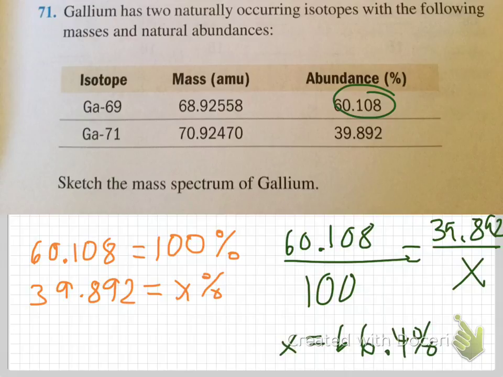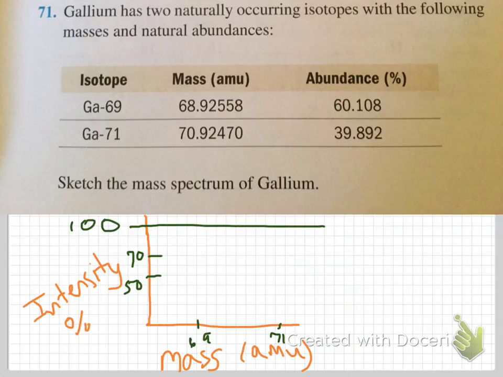So now we need to draw our mass spec. Whenever we have a mass spec, the y-axis represents intensity, and again, our most abundant isotope is going to be at 100%. And the x-axis is going to be the mass in atomic mass units, or AMU. So all we're doing is drawing this out.